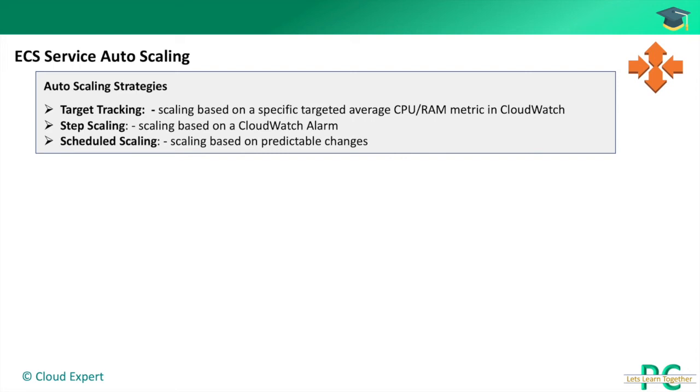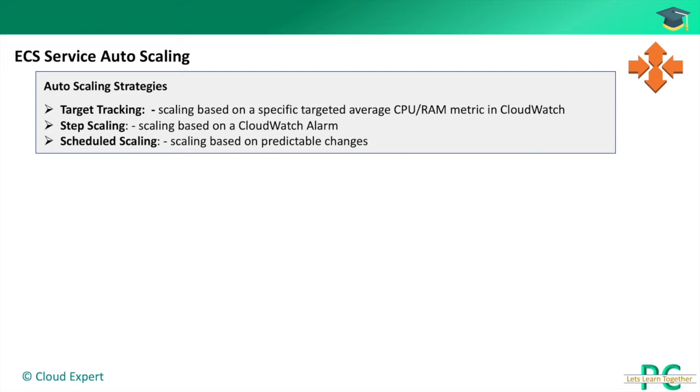And the last threshold you have created specifies add three instances when CPU utilization is between 70% and 90%. And the next scaling strategy is scheduled scaling, where you can scale based on a predictable change or based on a predictable schedule.